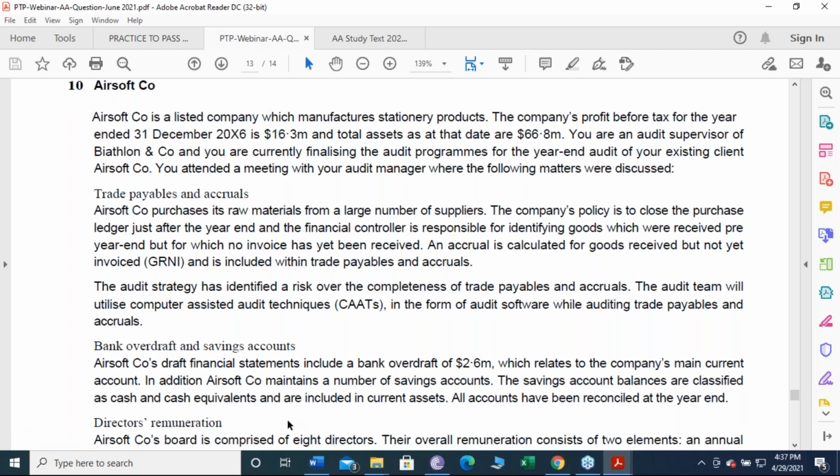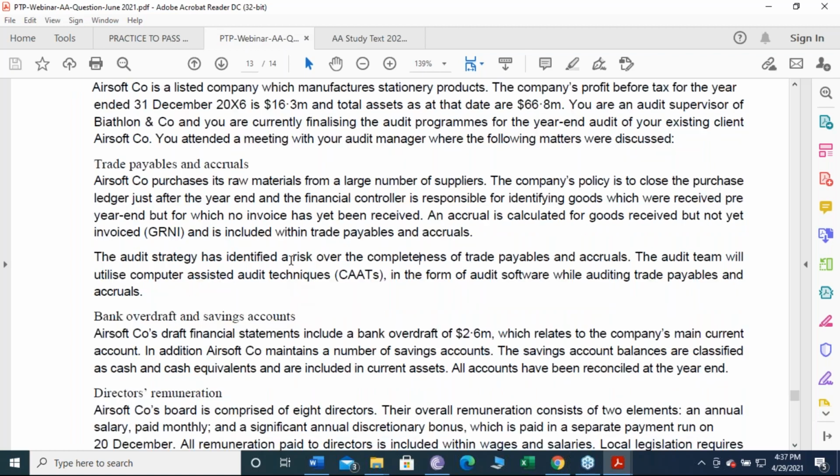And then what? You need to apply audit procedures using the audit software. So what can software do regarding trade payables and accruals? Software can calculate the payable days and compare it with the prior period, and if there is any significant fluctuation, you need to have a discussion with the management.